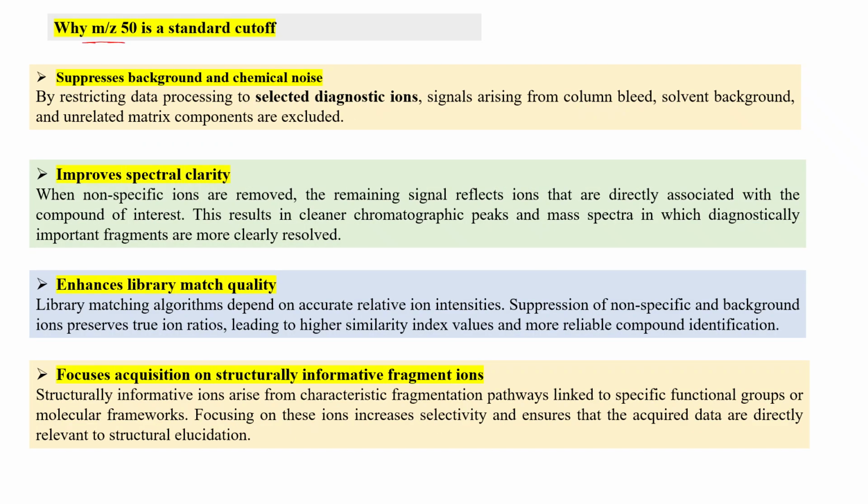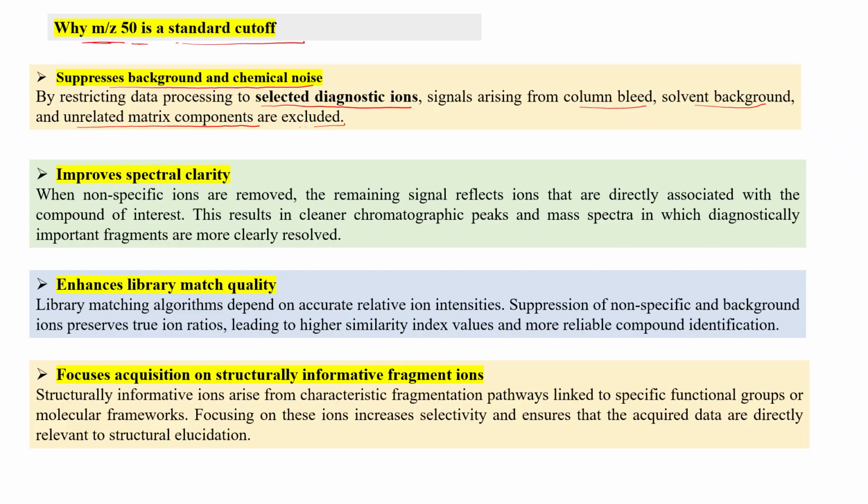Why is a mass to charge ratio of 50 a standard cutoff? Because the 50 cutoff suppresses background and chemical noise. By restricting data processing to selected diagnostic ions, signals arising from column bleed, solvent background, and unrelated matrix components are excluded.